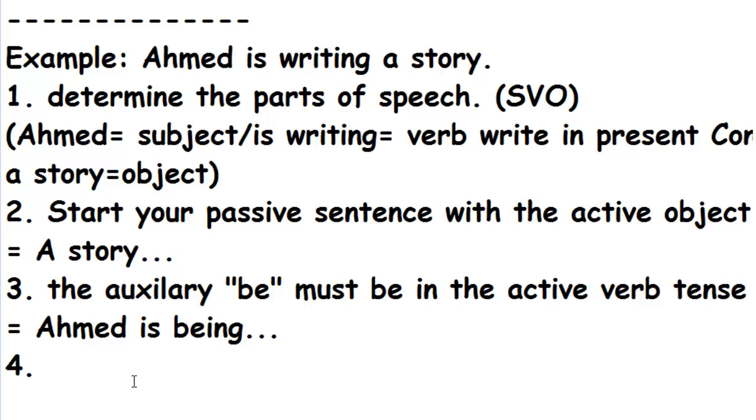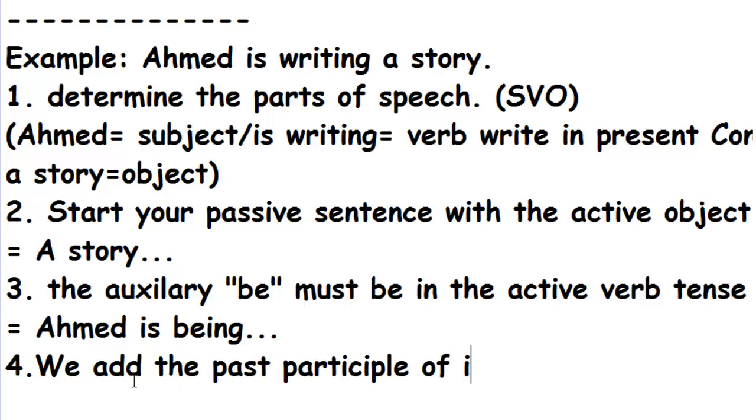We have seen the rule, so you have to learn the past participle of irregular verbs by heart. Good. So now we add the past participle of the active verb.